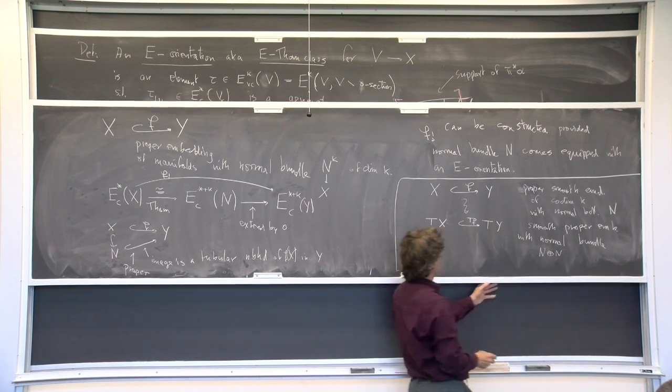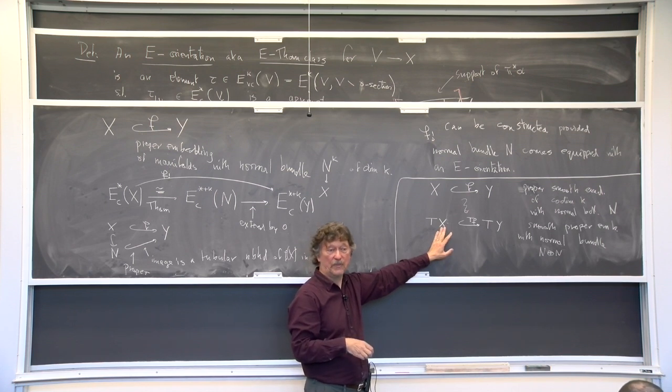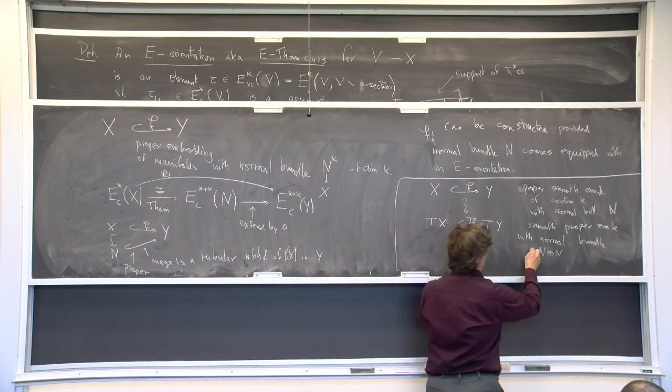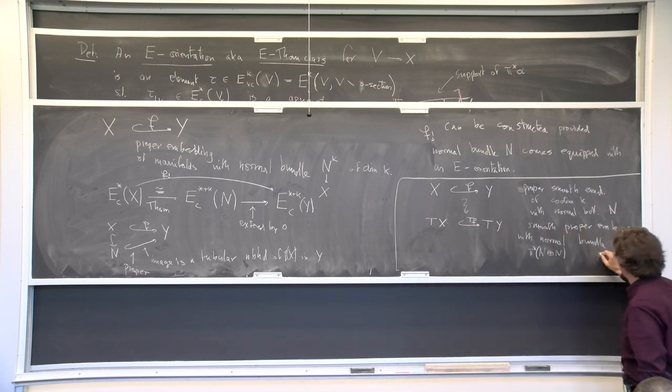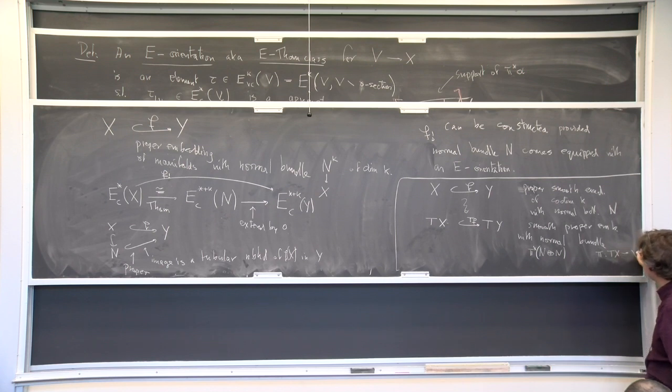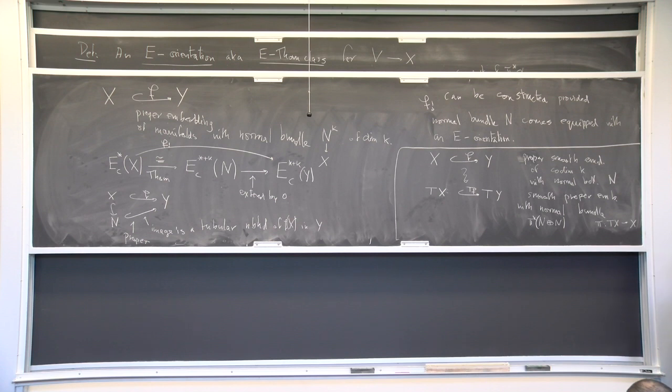But of course, N plus N would be a bundle over X, and I need to pull it back to the total space of the tangent bundle, pi star, where pi is the projection map from the total space of my tangent bundle of X to X. So I get this normal bundle here.